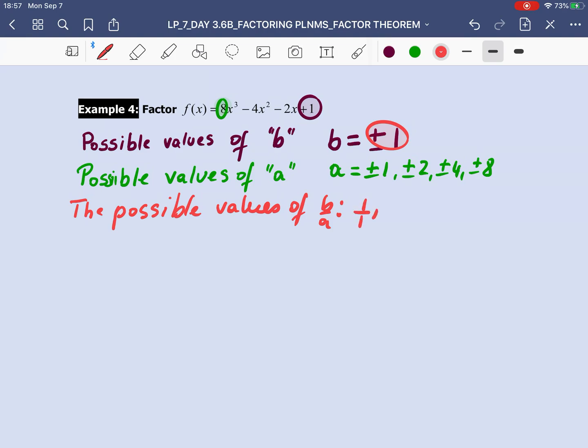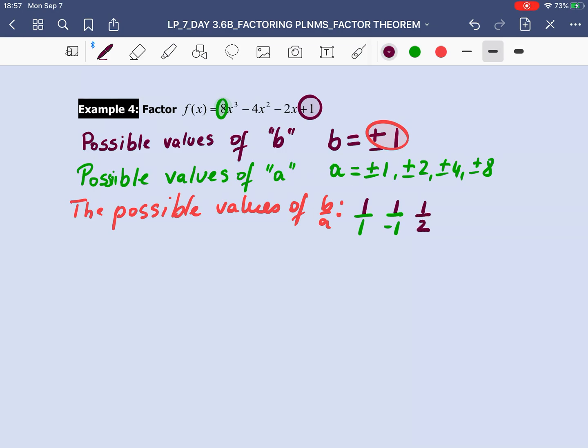So 1 over positive 1, and then 1 over negative 1.